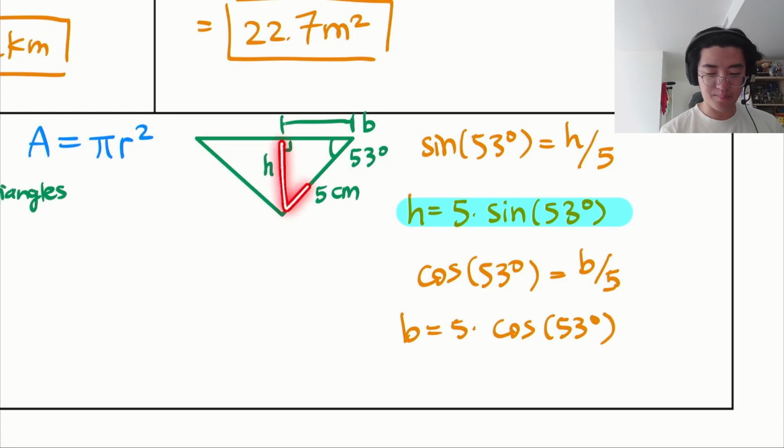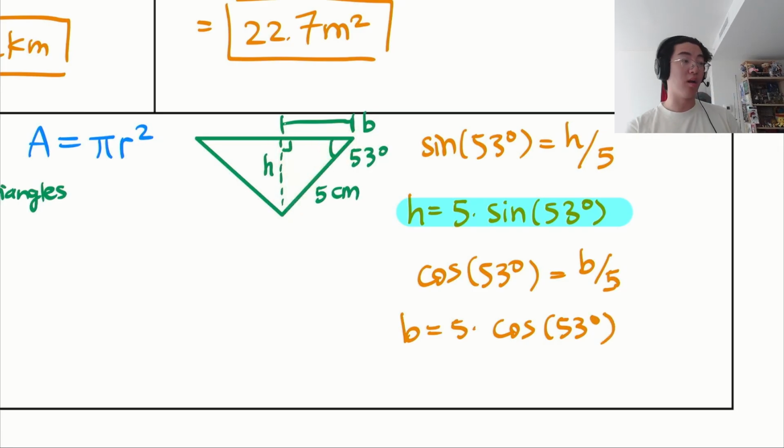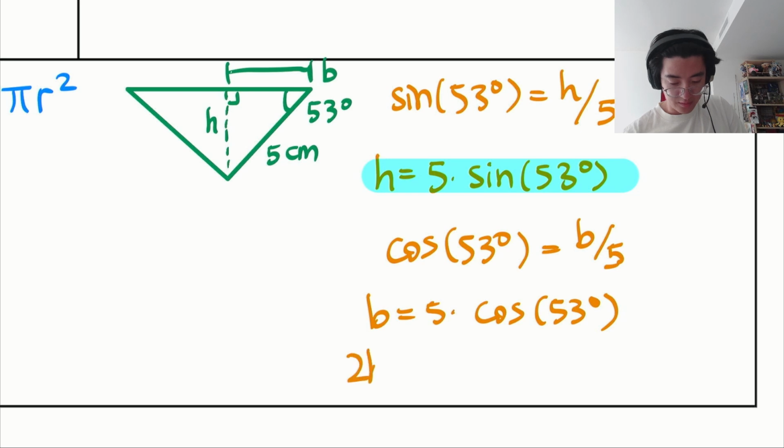So this is the base of just this triangle. So now the base of this bigger triangle here is just 2 times that. So 2 times the base is just 10 times cosine of 53.